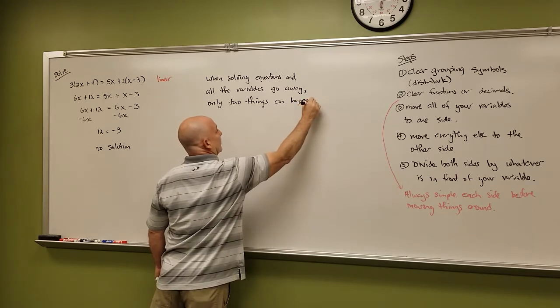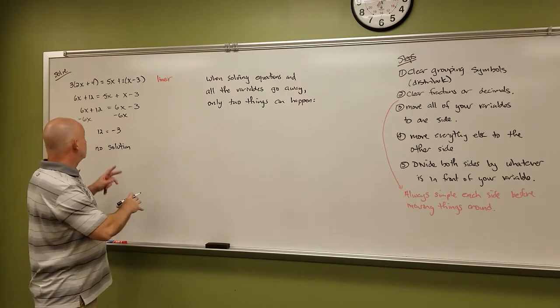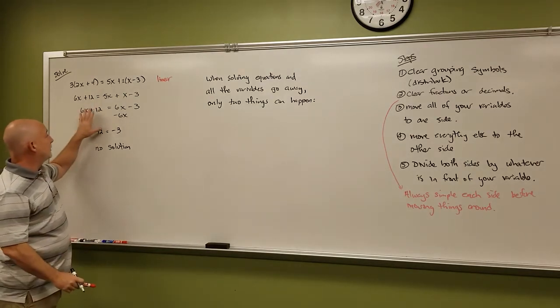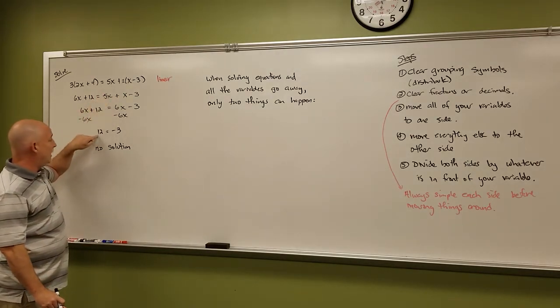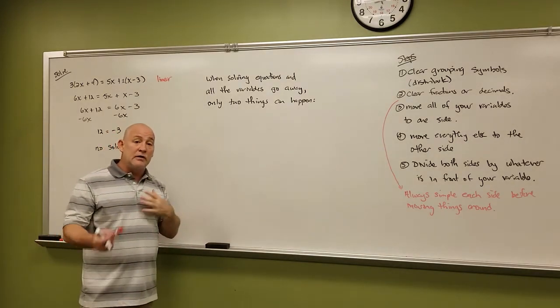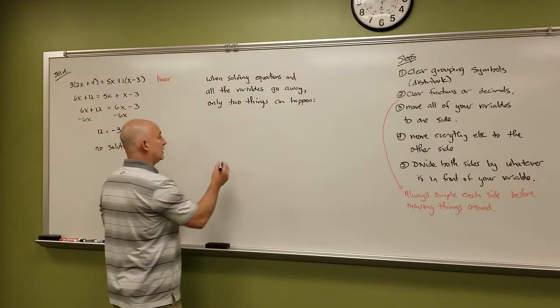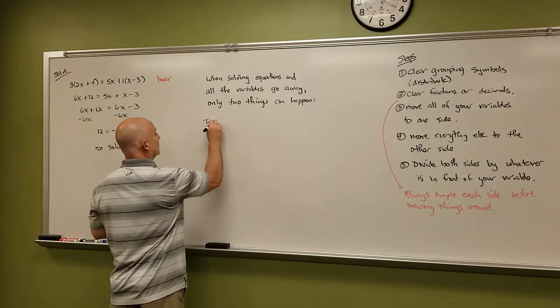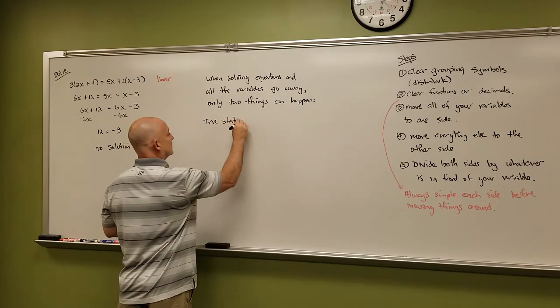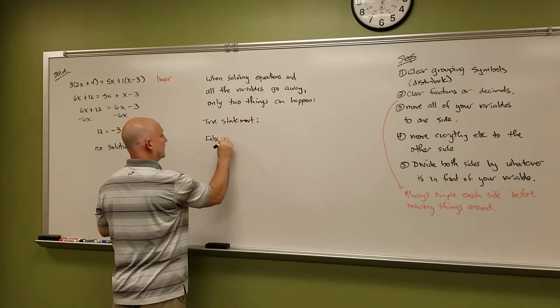Okay, now what do I mean by this? Remember, an equation is anything with an equal sign. So we got something that looks like this. If all the variables go away, that means we only have numbers and an equal sign. And two numbers are either equal to each other or they are not equal to each other. So what you're going to end up with is either a true statement or a false statement. That's the only thing that can happen.